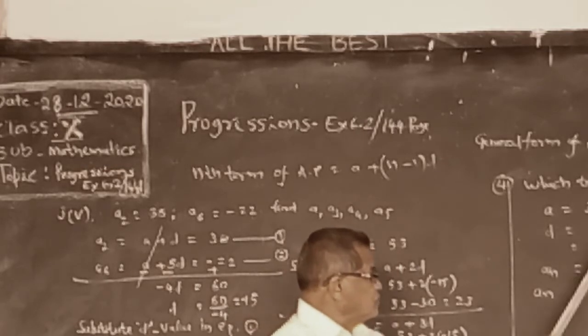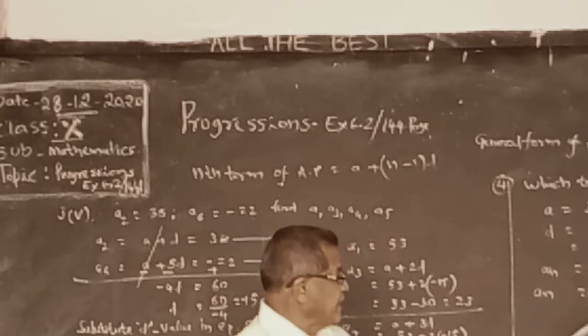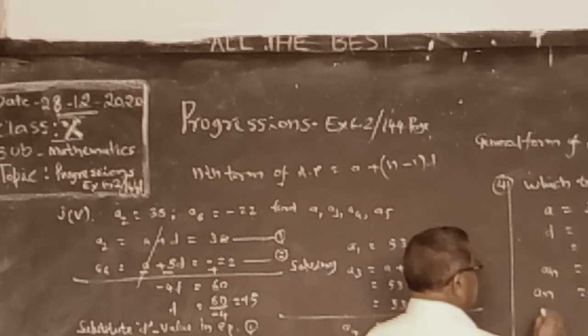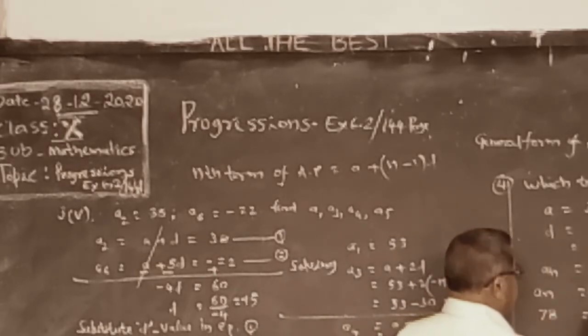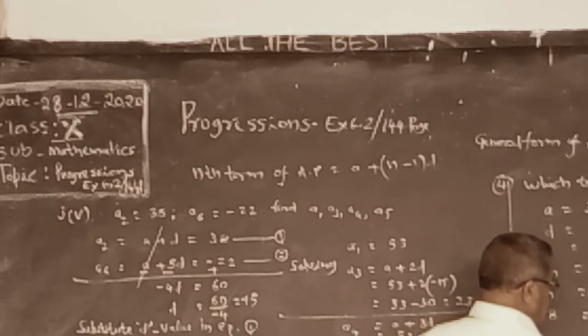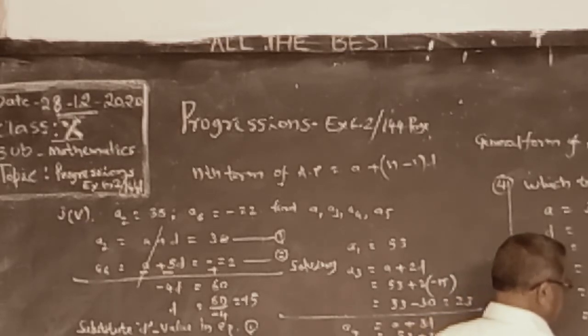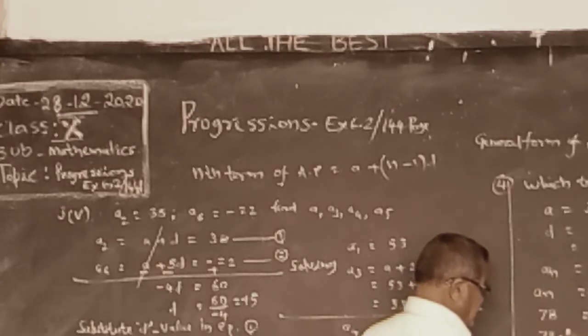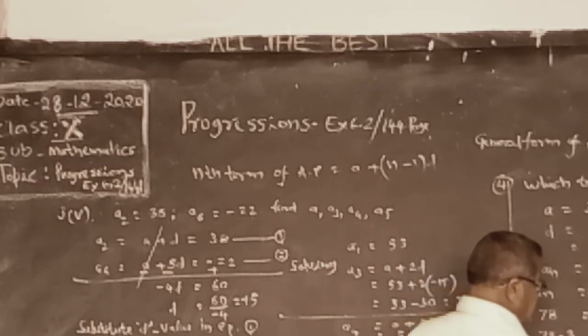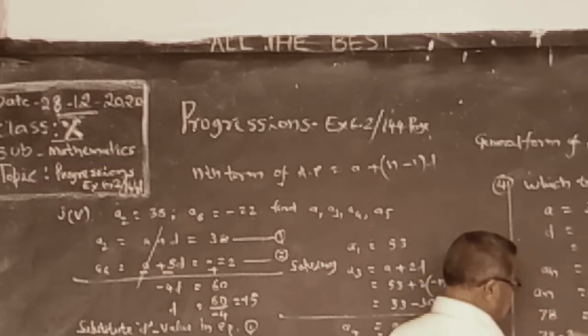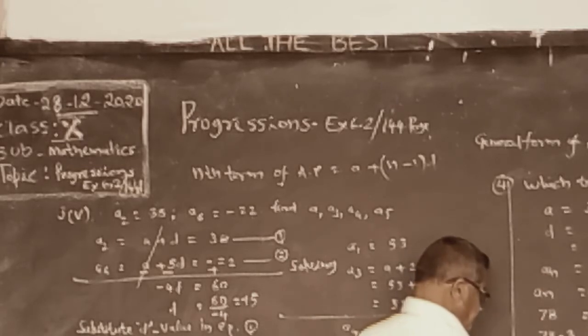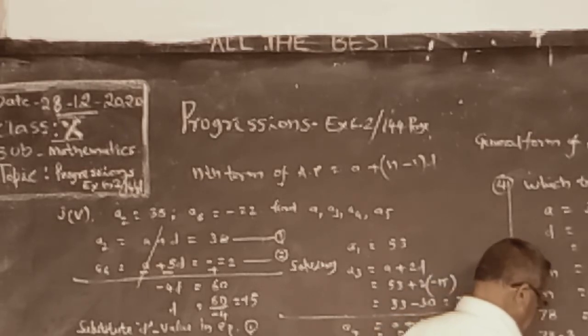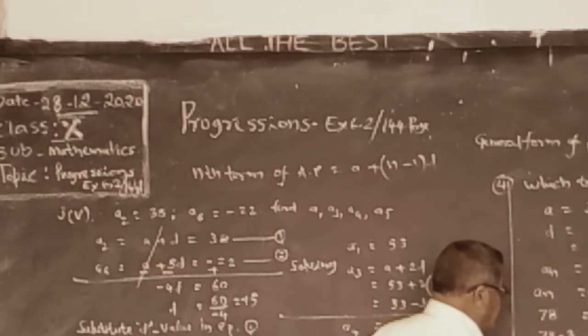In this formula, you substitute the values. The unknown we get is n. See how I am doing. Now an is 78, a value is 3, n we don't know, d value is 5. This plus 3 will come this side as minus: 78 minus 3 is equal to (n minus 1) times 5. This times 5 will come this side as divided by 5: 75 by 5 is equal to n minus 1, so 15 is equal to n minus 1.